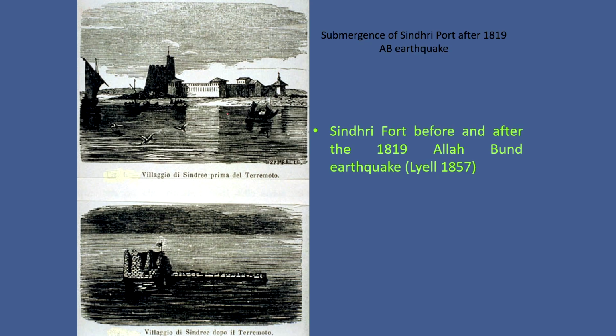this area was Sindri Fort, which was navigable and operational, but later it was completely submerged, and it is quite possible that this area subsided. Whenever there is an earthquake, you will have subsidence here, and then an uplift here. So this area subsided where you had Sindri Fort, and there is an uplift here, which resulted in the ponding condition of your Nara channel.